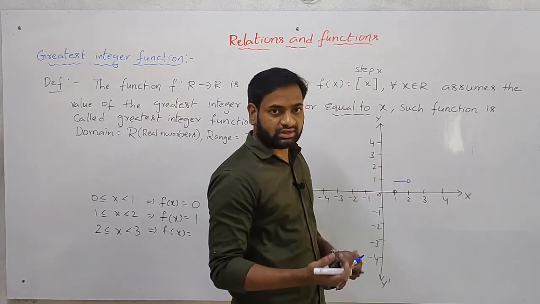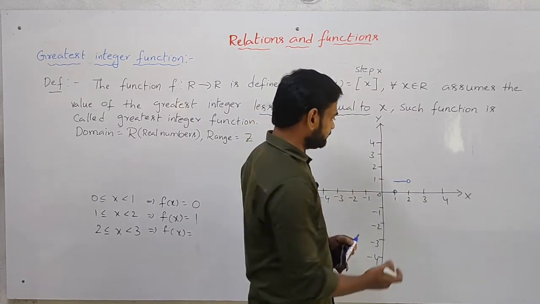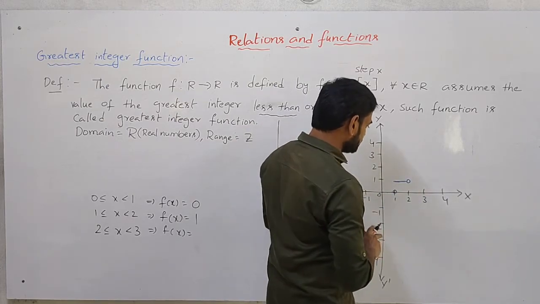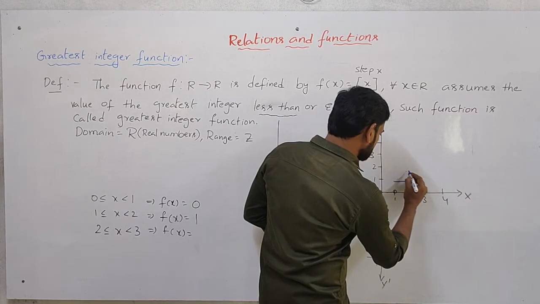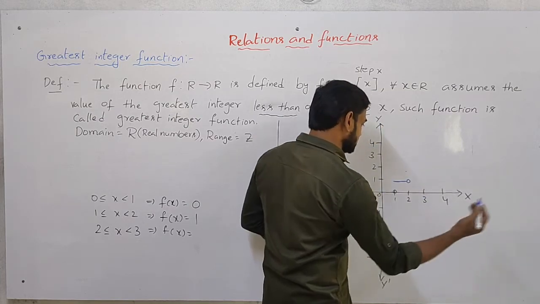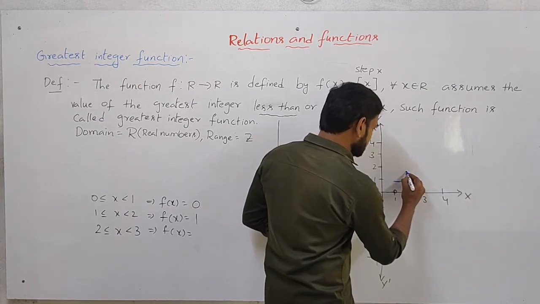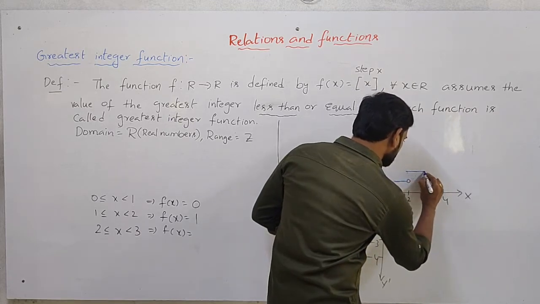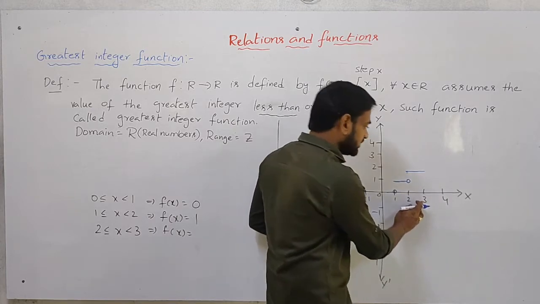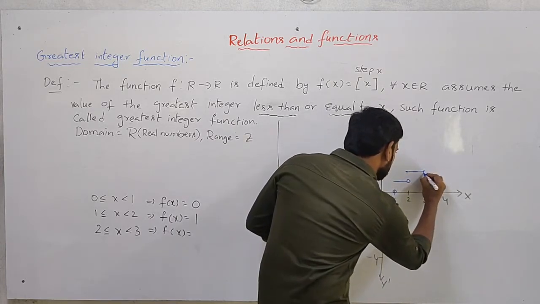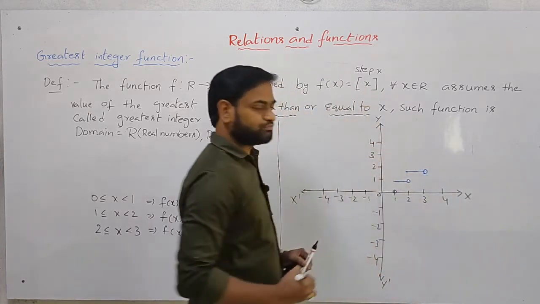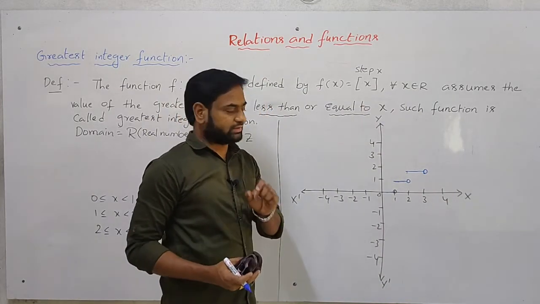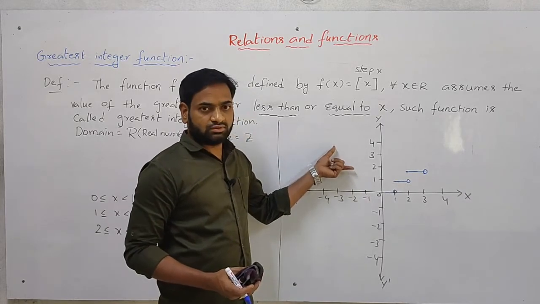Between 2 and 3, the least value is 2. So where is the 2? Here it is. So between 2 and 3, any value you take, it is always 2. That's why extend up to 3. But I am not taking 3. That's why at 3 it is a circle. When you are drawing this graph, be very careful.